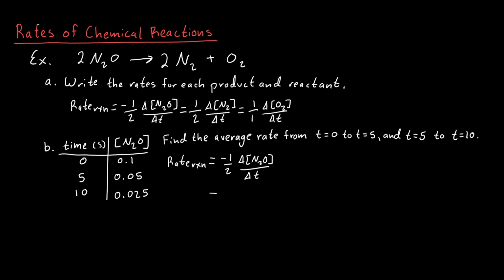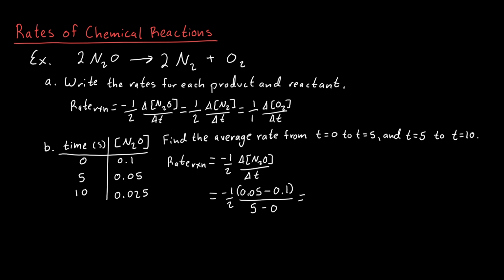So that would be equal to negative 1/2 times our final concentration, which is 0.05, minus our initial concentration, which is 0.1, and then divided by the change in time. So the final time is 5 minus 0.